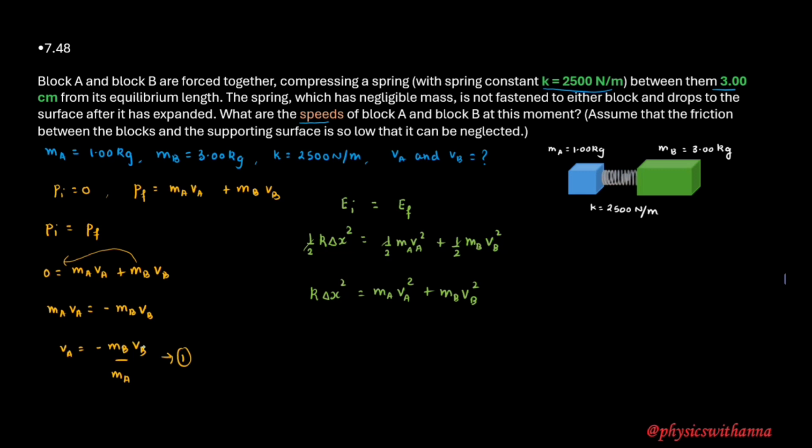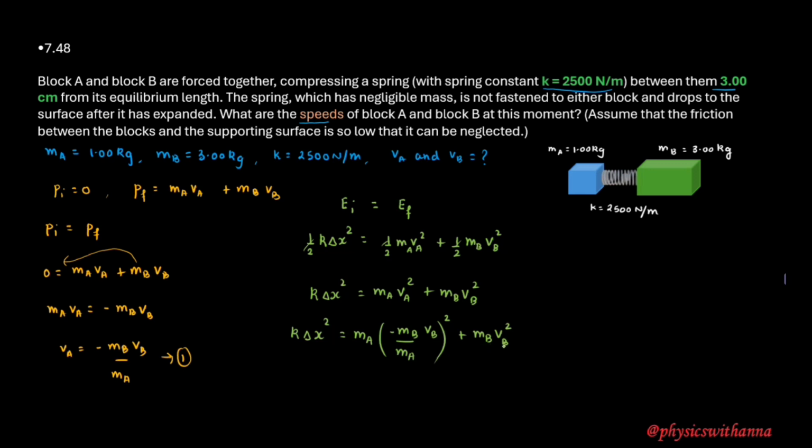We are going to substitute this in our expression here. So I'm going to write K delta X squared equals MA. In place of VA, we are going to write negative MB over MA VB, the whole thing squared, plus MB VB squared.